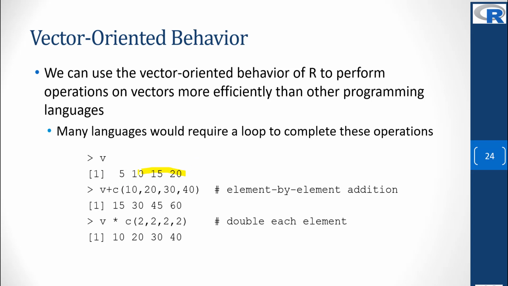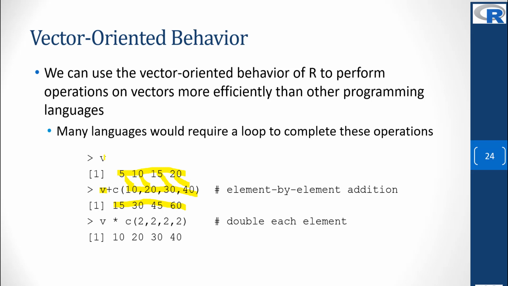Our vector is 5, 10, 15, and 20, this vector V. We're going to say add to each element of V a vector corresponding in size with these values. So it's going to add 10 to 5, it's going to add 20 to 10, add 30 to 15, and add 40 to 20. And so here's the resulting vector.